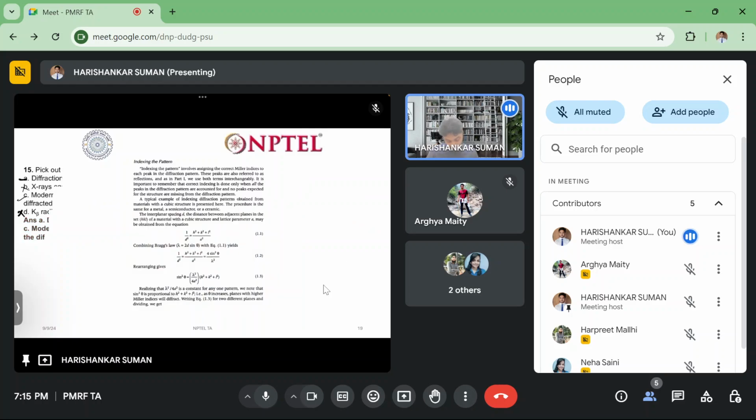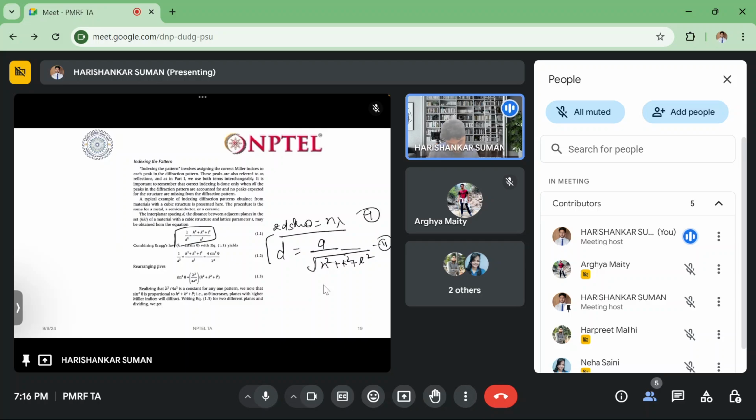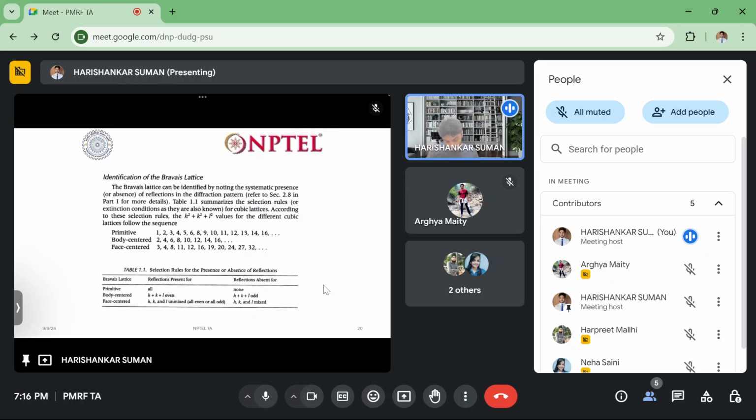So next we will discuss XRD patterning. We can see 2d sin theta equals n lambda, this is equation first, with d for a cubic system. If we use these two equations, we will get this equation.